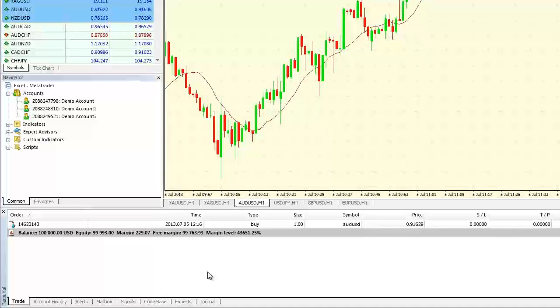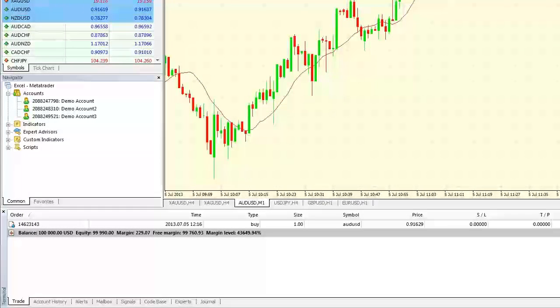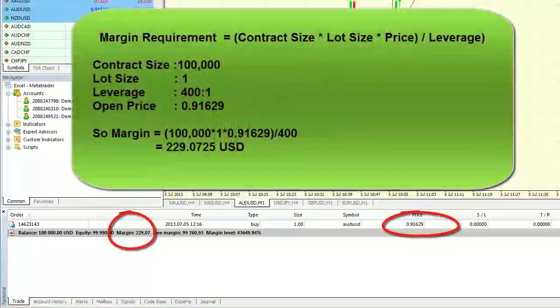So we will get down to putting these values into our margin requirement formula to calculate if the value tallies with the margin that we see over here for this trade position that we have open. So let's get down to calculating the margin requirement. The formula is contract size times the lot size traded times the open price, the product divided by the leverage.